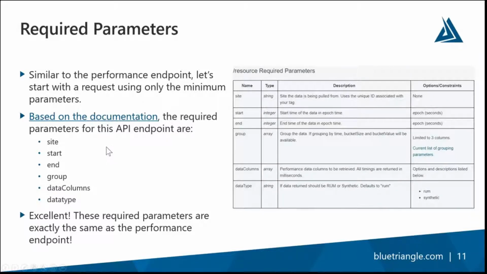And what you're going to quickly find, if you joined us last week or you've used the API before for the performance endpoint, is that each of these required parameters is actually the same as the performance endpoint. And this is for the resource endpoint.